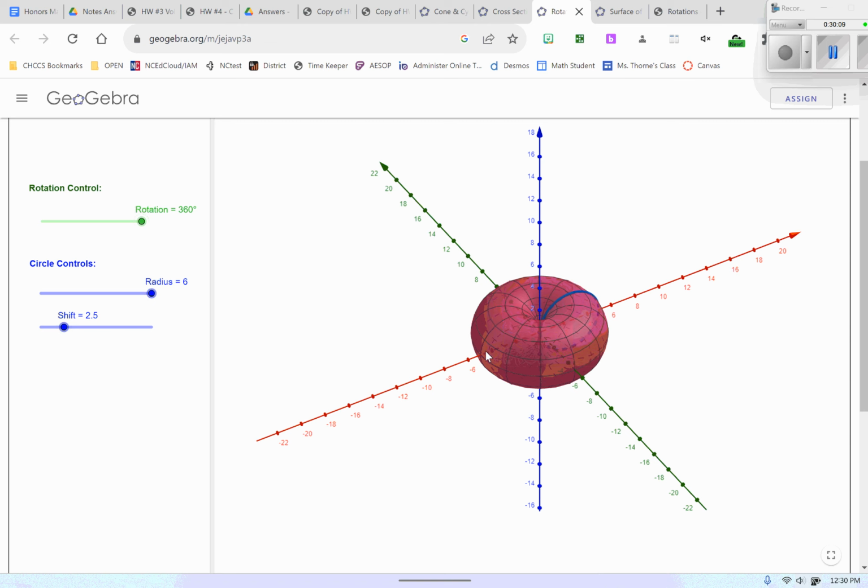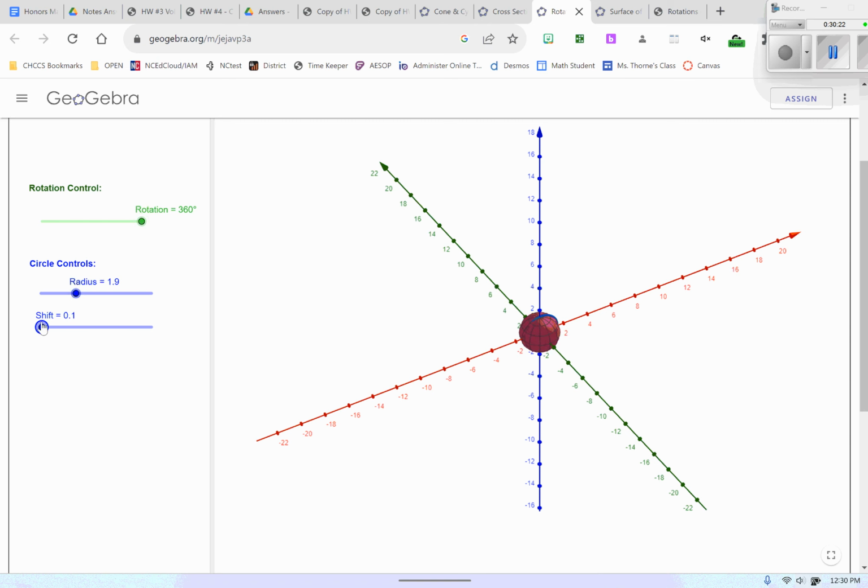We do a lot with that in calculus. But again, you'll notice that it does not form a cylinder shape. So just keep that in mind. If we make the radius smaller and move it over, you can see that torus shape. If we move it over, it makes more of a circular shape. If it's in the center, you can see it makes that sphere.